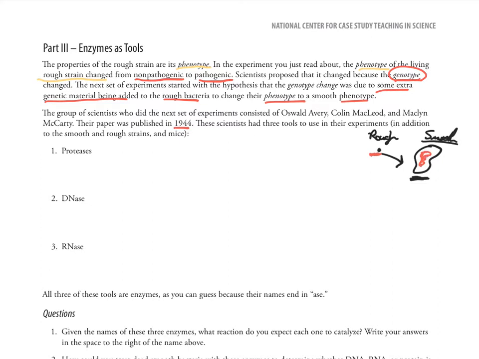We're not exactly sure from the experiment what that genetic information was, and it can be transferred from one colony to the next and transform. We call this transformation, transforming a rough colony into a smooth colony.